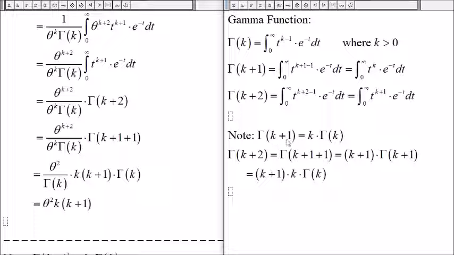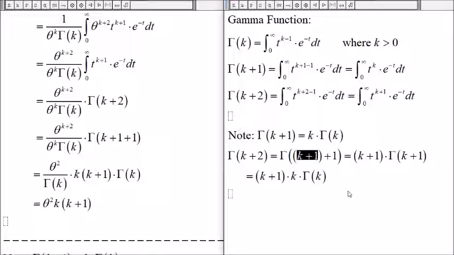Gamma of k plus 1 is k times gamma of k, so gamma of k plus 1 plus 1 would be k plus 1 times gamma of k plus 1. But gamma of k plus 1 is k times gamma of k.